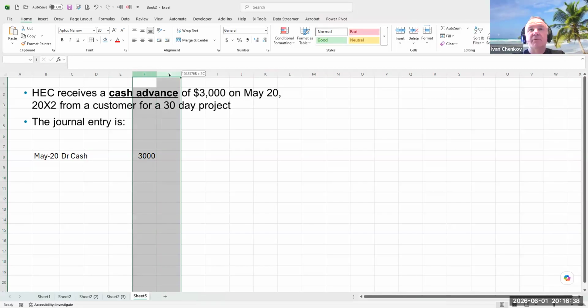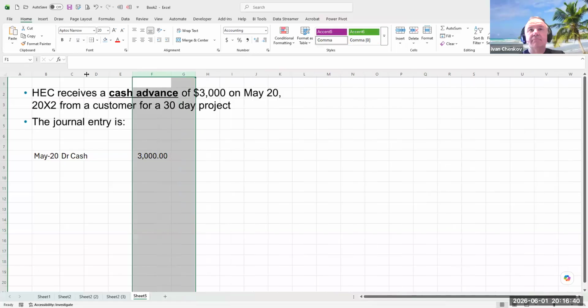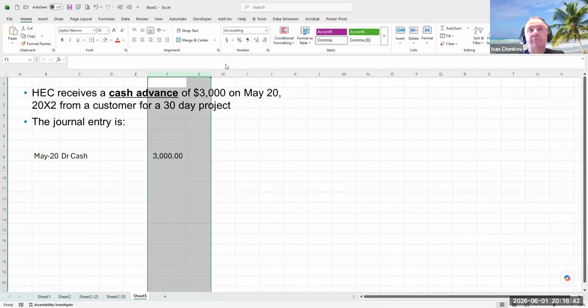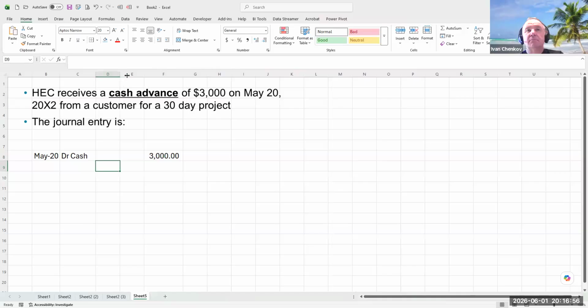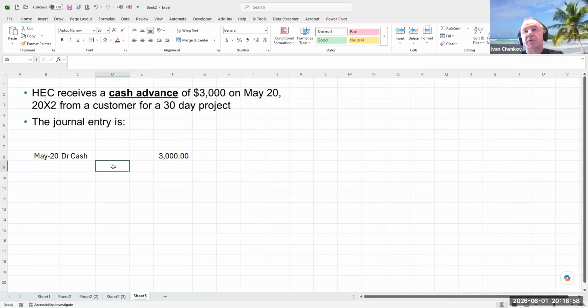Now the question is, did we provide the service? We got the cash, but did we do anything for this client? Not yet. So what's that for us? Is it revenue now? Not yet. Which account am I going to credit now? I cannot credit the revenue account.